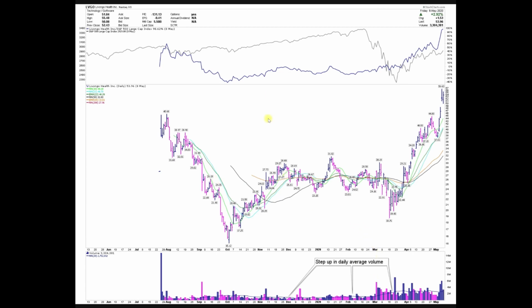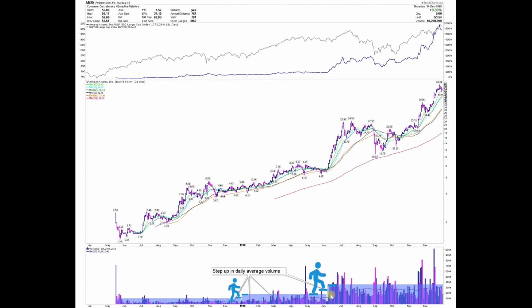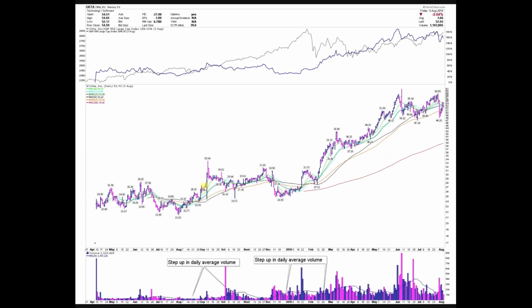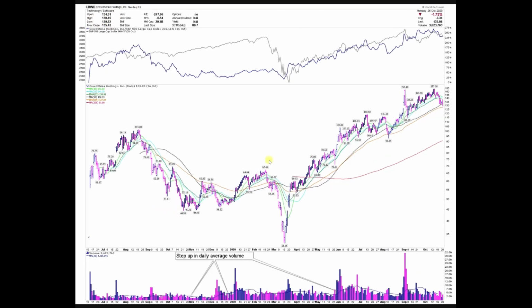In this video, we covered a few examples, starting with Amazon, to highlight a step up in daily average volume as institutions learn the story of the stock, visible as the volume increases on a daily average basis. The other example we highlighted was OKTA, where we want to keep in mind that if we see multiple names in a group seeing a step up in daily average volume, that's a positive.